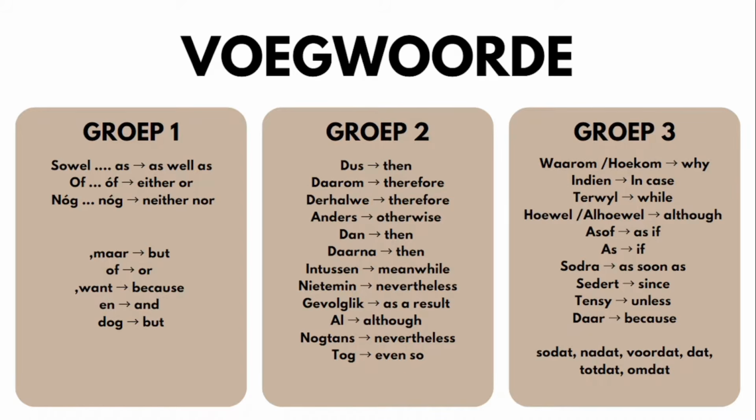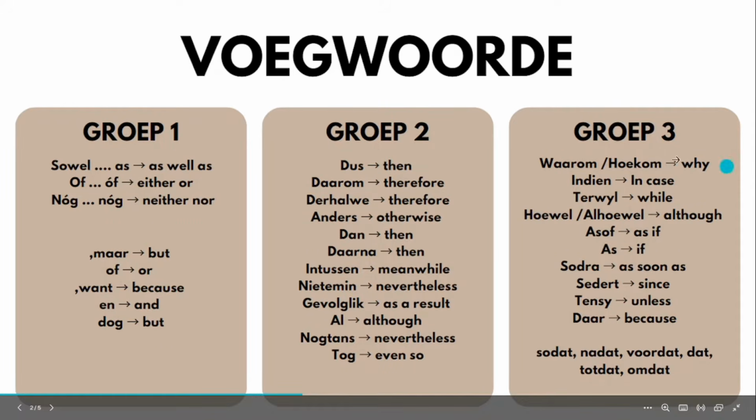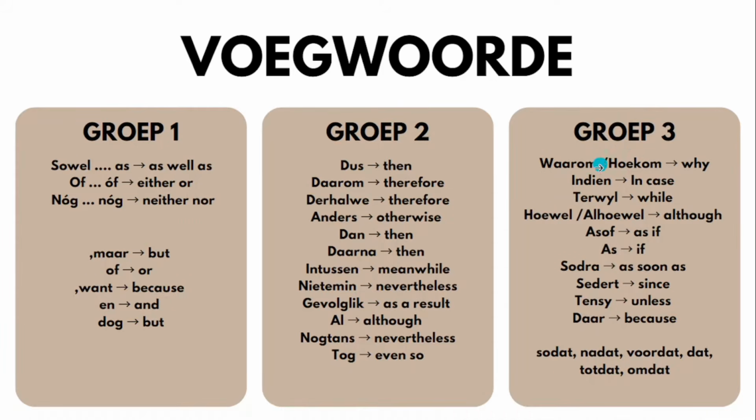But I can tell you now that in group 1, they will mostly ask maybe the top 4. This one they barely ask, but it also means but. And then group 2, these are basically most of the ones that start with D, and then these other ones you'd have to learn separately. And then here they have waarom, dien, terwyl, asof, as, sodra, sedert, tensy, daar.